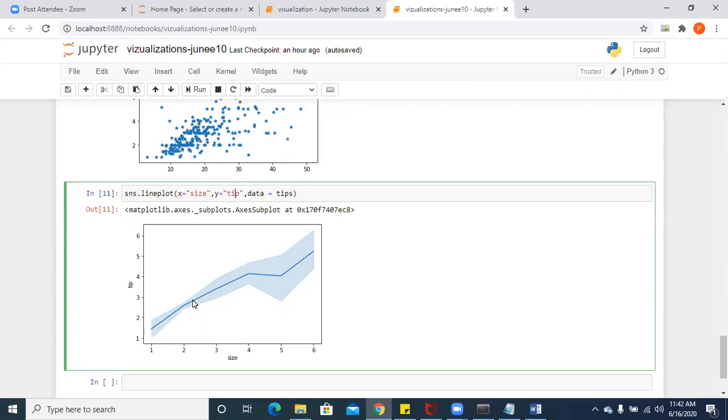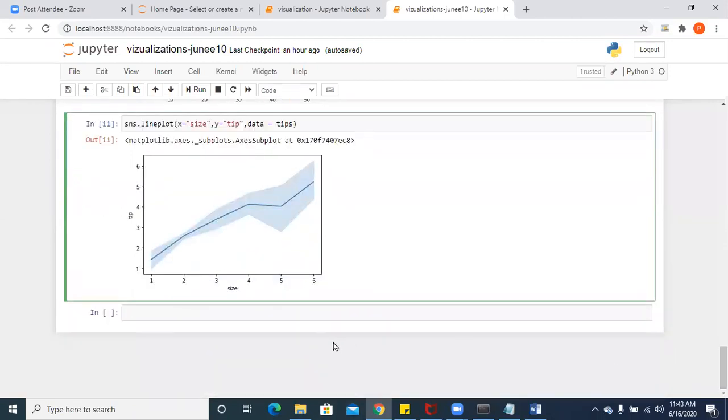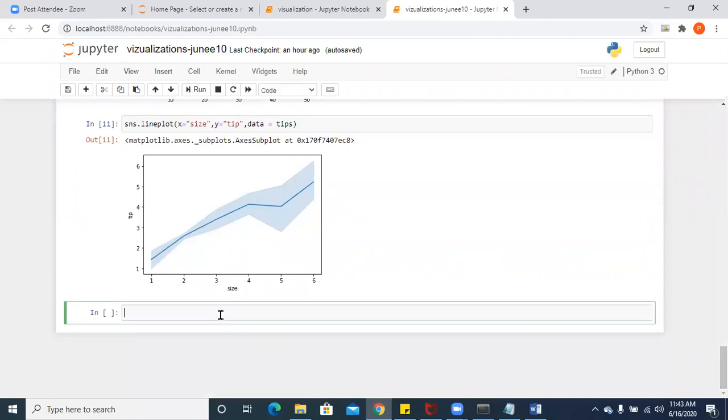And there is a somewhat linear relation, not exactly linear, between size and tip. All right. Likewise, we have the distribution plot in Seaborn.